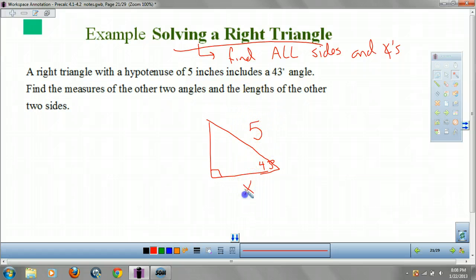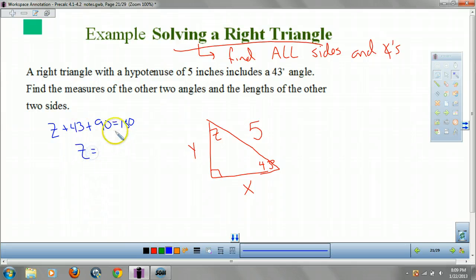So I'm going to name this X, Y, and Z. Now, the first thing that should pop in your head is, what do all the angles inside of a triangle add up to? Well, they all add up to 180, right? So Z plus 43 plus 90 equals 180 degrees.